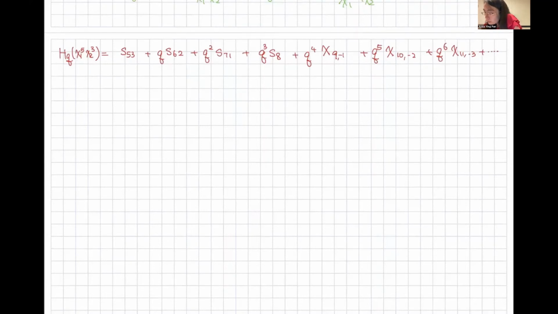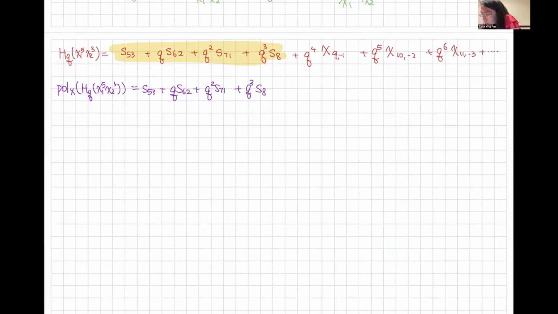And now if I truncate it, what we mean by truncating it is that you first of all write things in the chi lambda, okay? And then we only take the part which has the Schur function part, meaning that we only want these parts, so we have S5, 3, Q S6, 2, Q squared S7, 1, Q cubed S8.